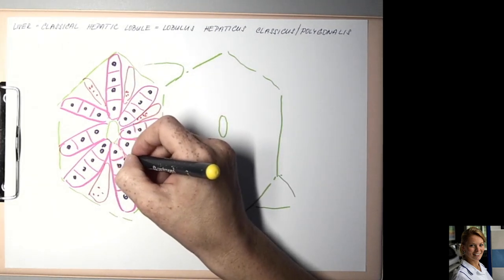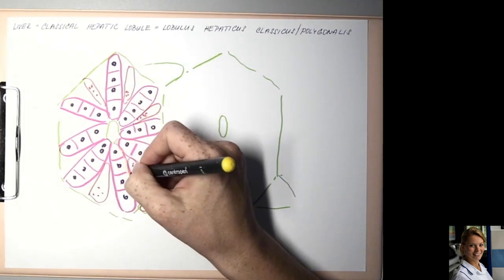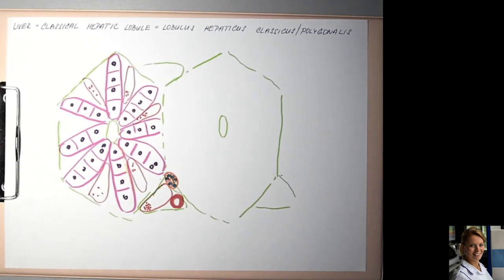So the bile flows opposite to the blood. And the first part of the biliary tree consists of the biliary canaliculi, whose walls are formed by the cell membranes of the neighboring hepatocytes.